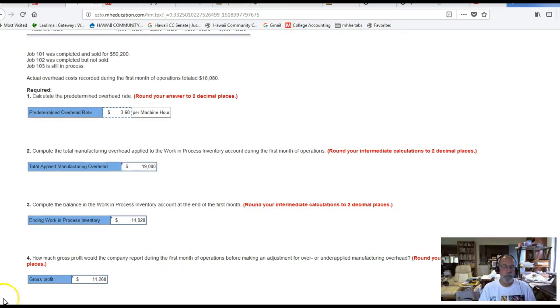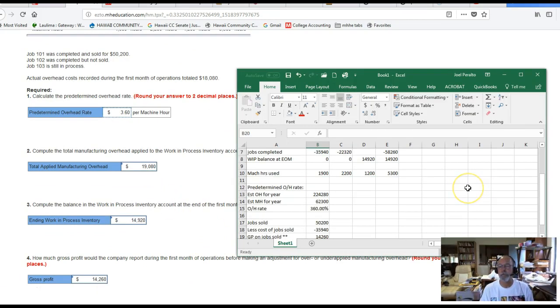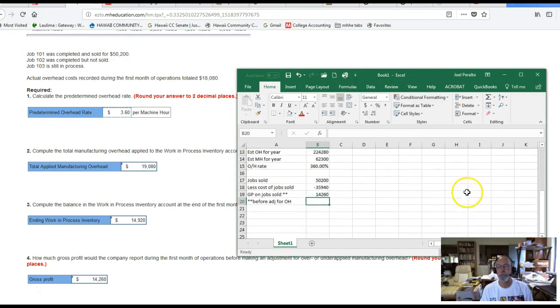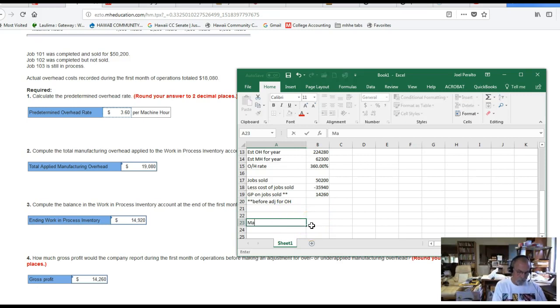And so if we were to look at the overhead ledger account, and we don't have a ledger here, but let's just calculate it here. We have a debit and a credit and a balance.